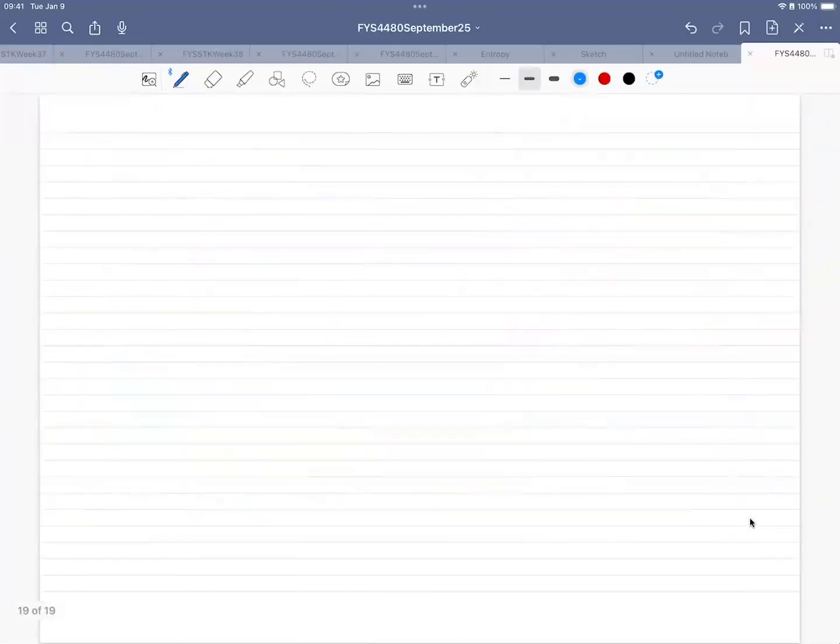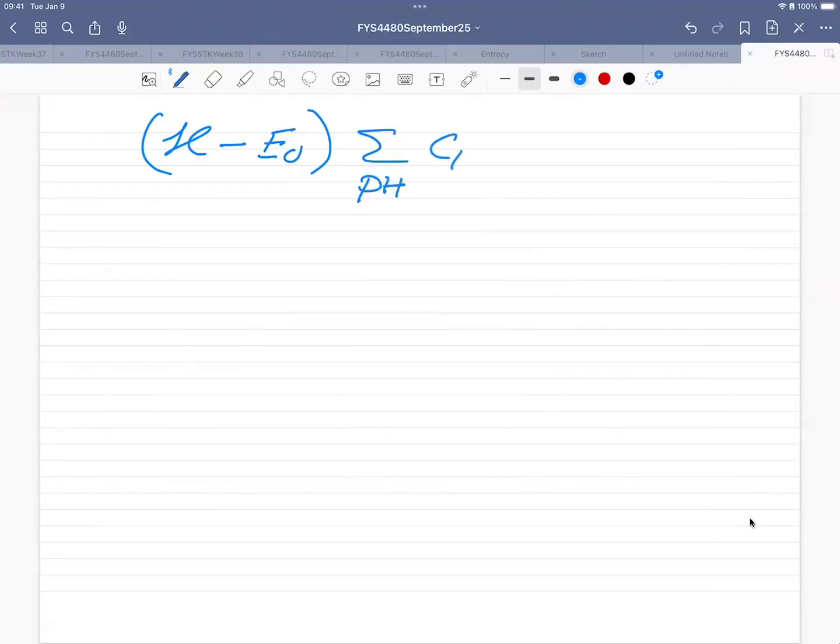So we have the equation H minus E0, the ground state of the system. And the equation which we are looking at is this one. If you can diagonalize, you have the coefficient C immediately. So this is the Schrödinger equation where we just have pulled over to the left-hand side this equation.